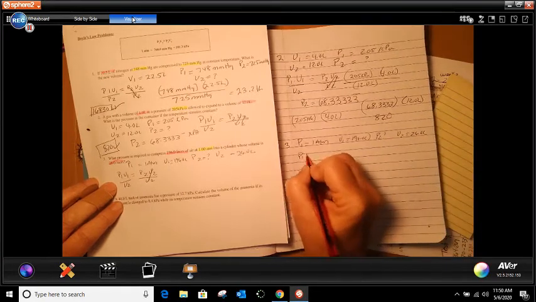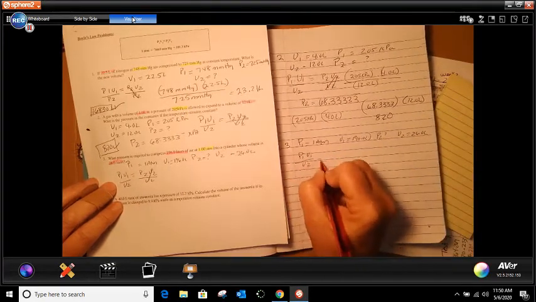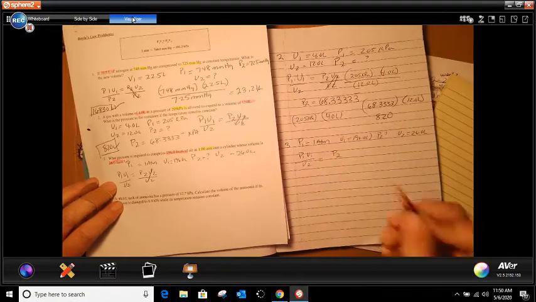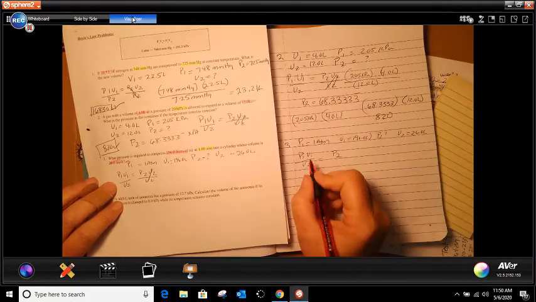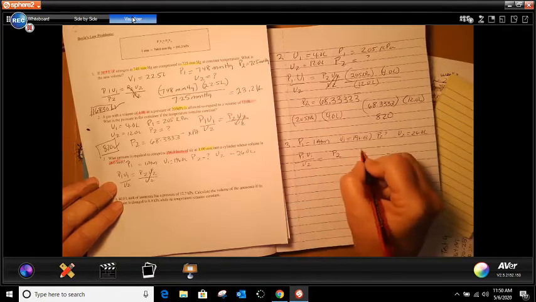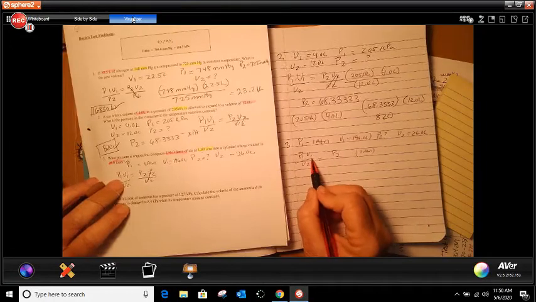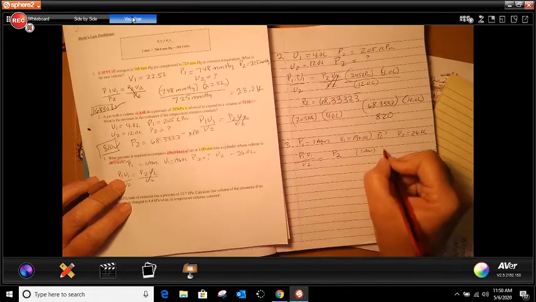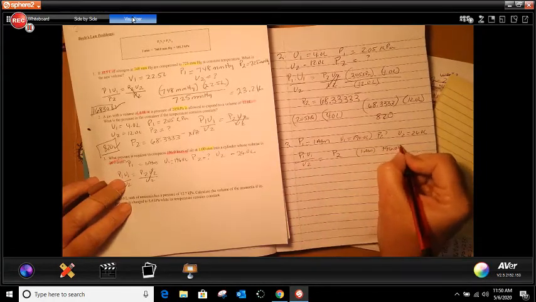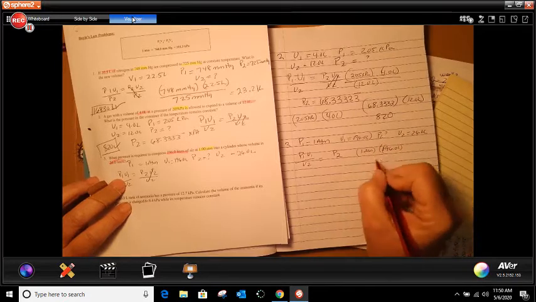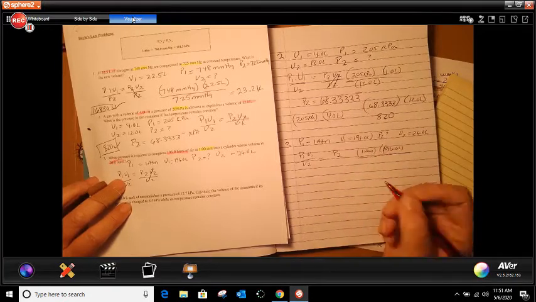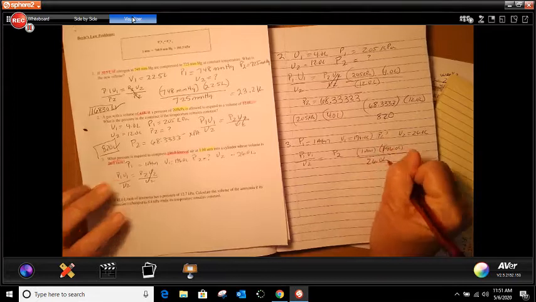I'm going to do P1 V1 over V2 equals P2, because that's what I'm looking for. So my P1 is 1 atm, multiplied by my volume 1, which is 196 liters, and I'm going to divide that by my V2, which is 26.0 liters.